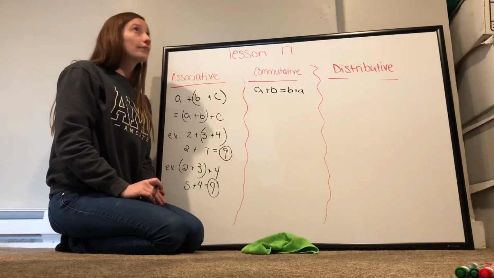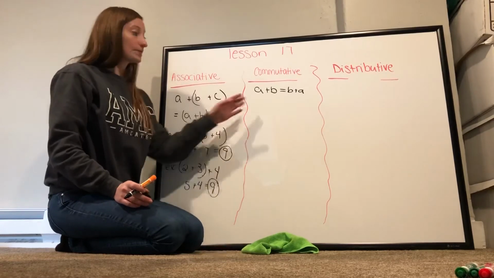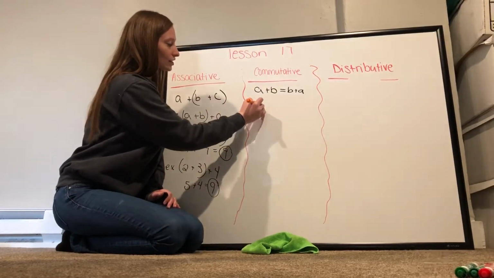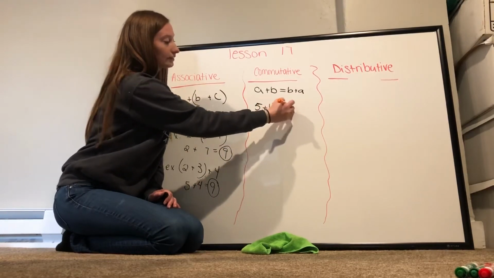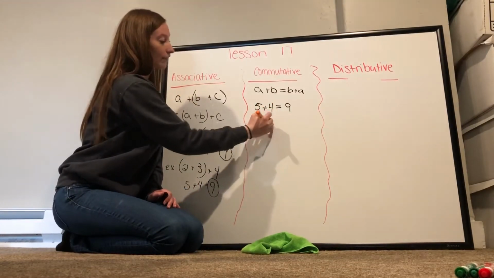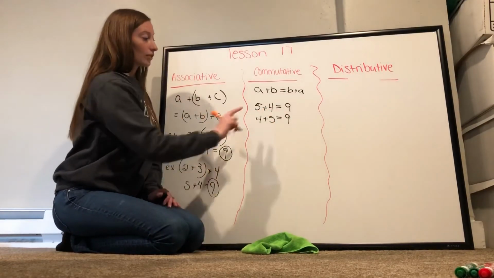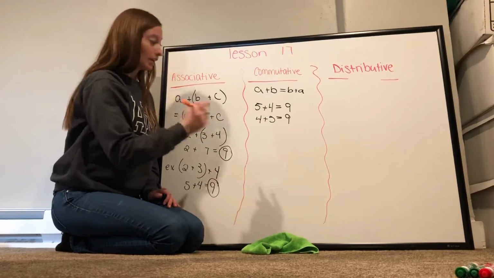If you do 5 plus 2, that equals 7. But 2 plus 5 also equals 7. Same thing for this. If I plug numbers in, let's do 5 plus 4, that equals 9. And if I do 4 plus 5, that also equals 9. So even though I switched these around, I still got the same expression. Let's try another one.